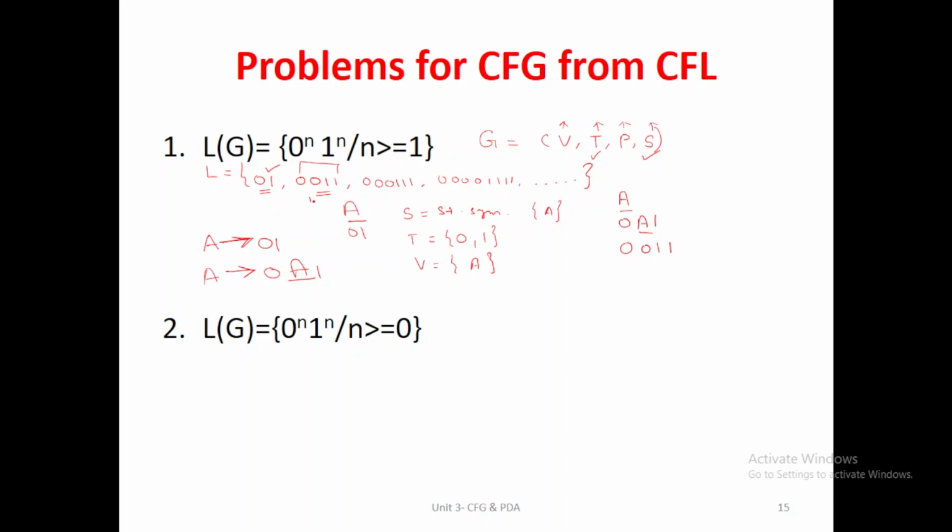So I can obtain 0011 from the given productions. Then take the third string, which contains 01 as the intermediate part. It's not necessary to write a production as A implies 00A11. Instead of that, we take the second production first. So, capital A.